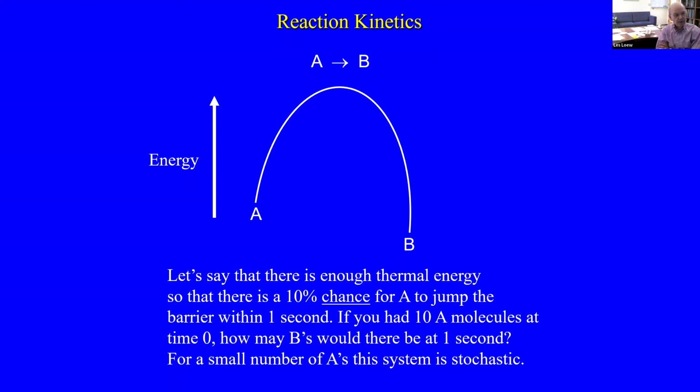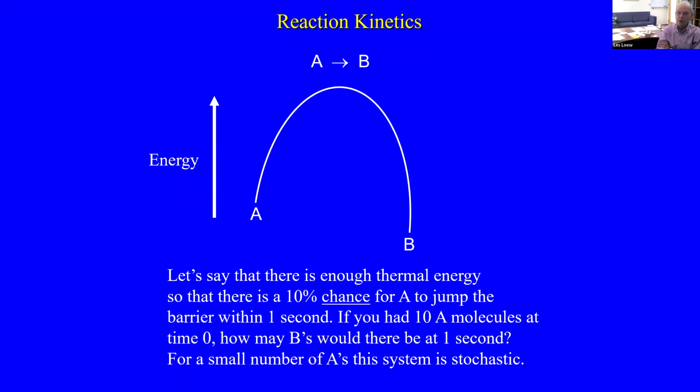Chances are good that if there are 10 A molecules and there's a probability of one jumping the barrier every second, at least one, maybe several, will have jumped the barrier and be converted to B. But we don't know for sure.